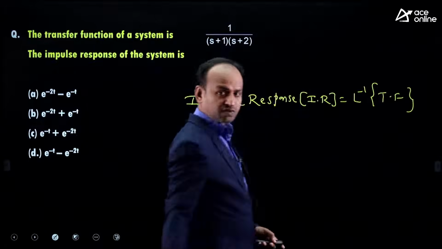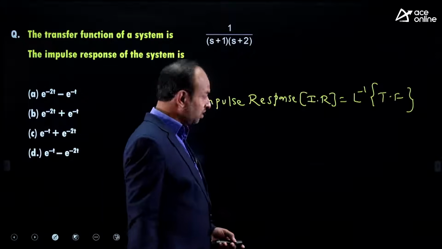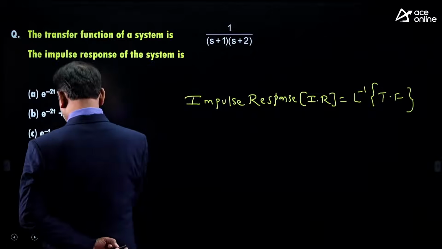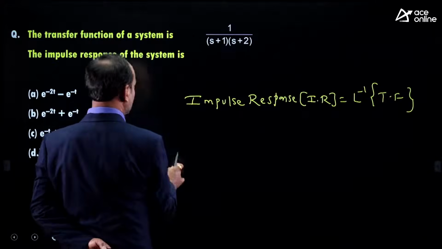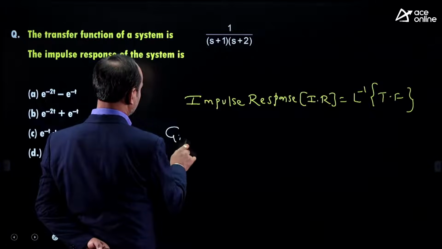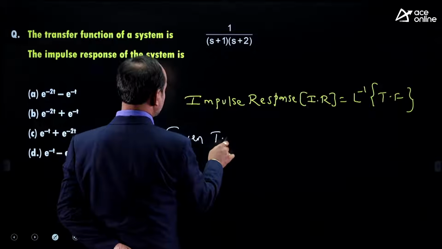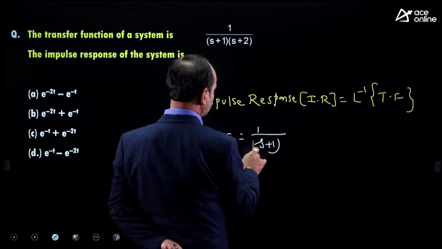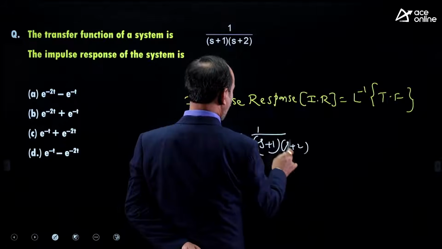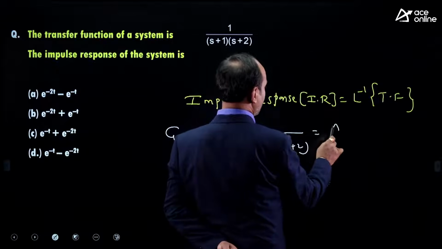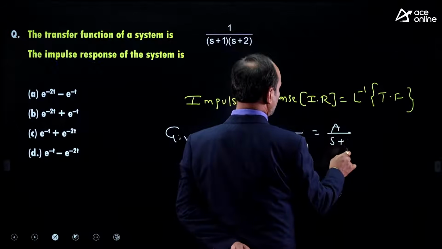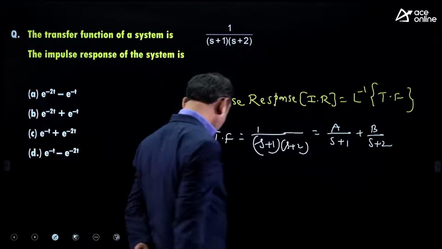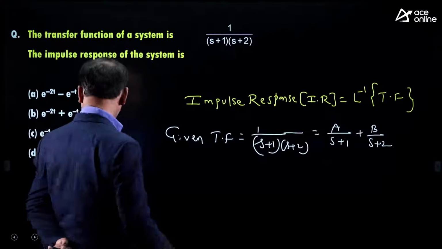Before finding the inverse, let us find the partial fractions. That is better. The given transfer function equals 1 upon (s plus 1) times (s plus 2). Applying partial fractions, we get A by s plus 1 plus B by s plus 2. Now come on, help me here. What are the values of A and B?